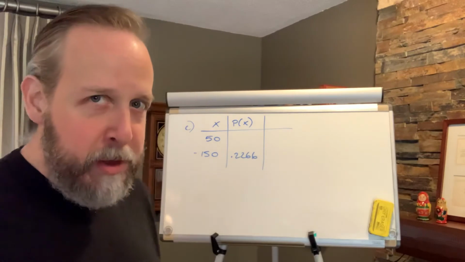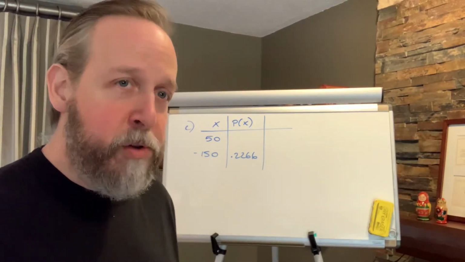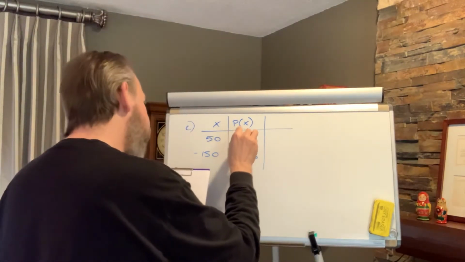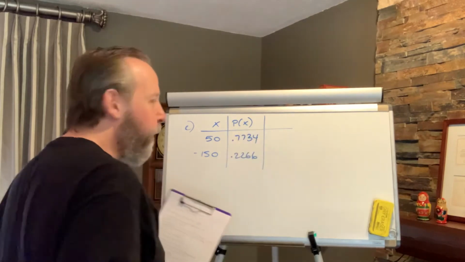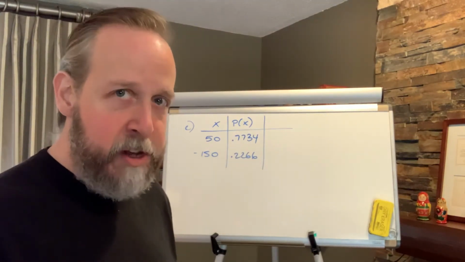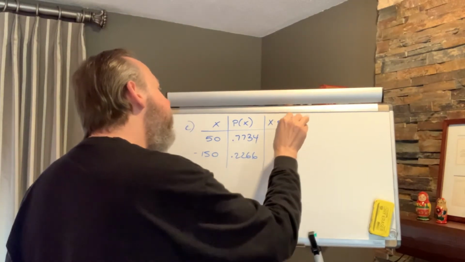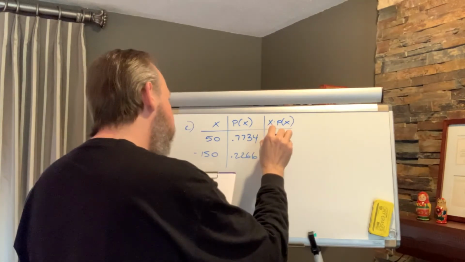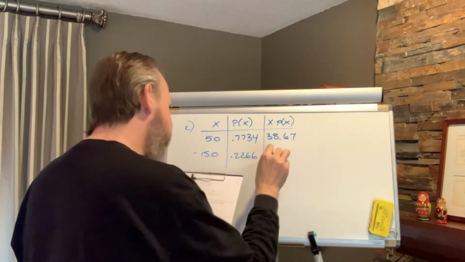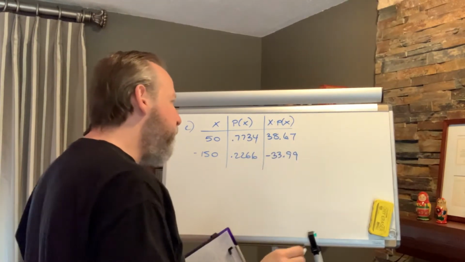So that's the probability the company loses $150 because when the warranty is used, of course, it's a loss to the company. So the remainder, 0.7734, is the probability that the battery is fine, it outlives the 2 years, and the warranty money is theirs to keep. In order to find expected value, we multiply X times P of X. So there's a 38.67 result when you multiply the top two, and negative 33.99 when you multiply the bottom two.